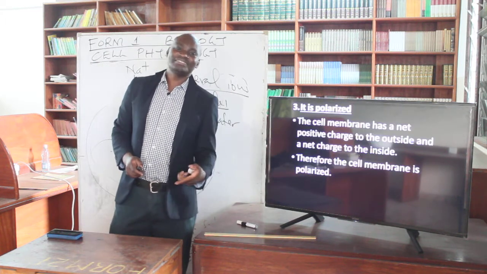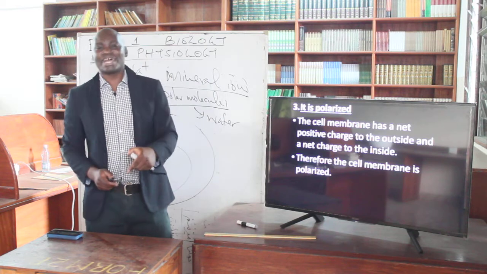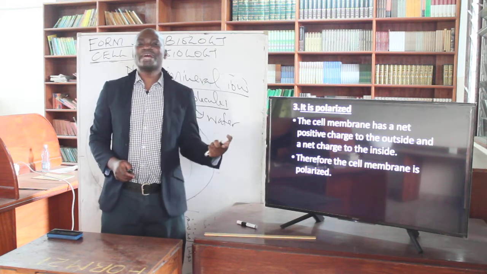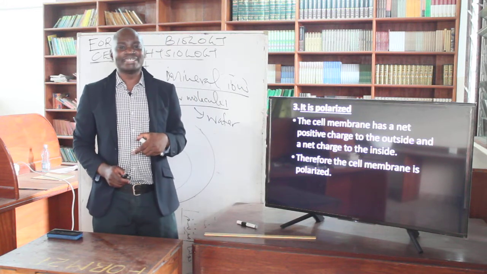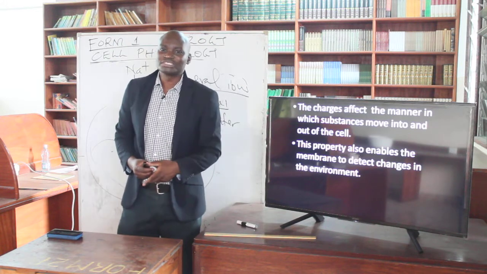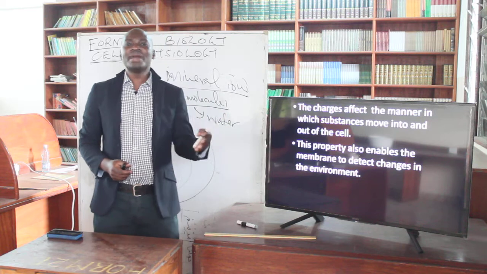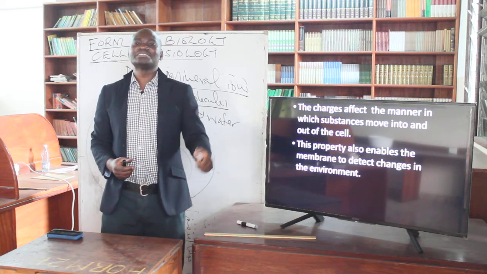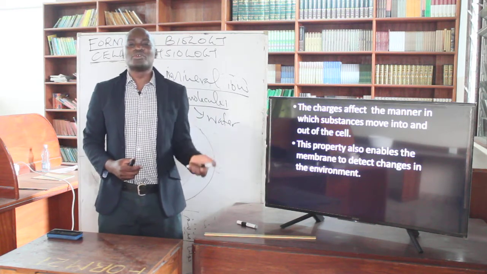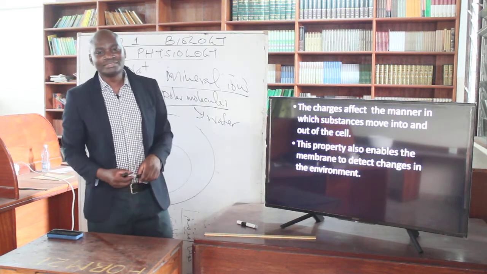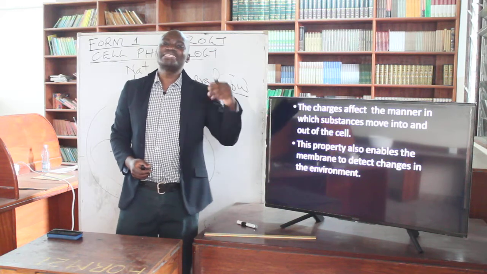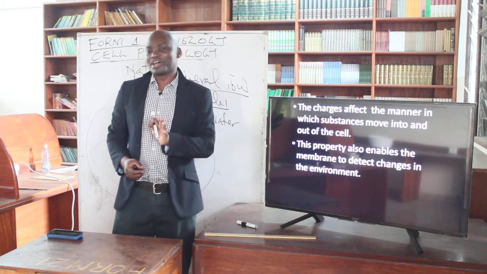And then our last point was polarized in nature, meaning it bears both positive charge to the outside and negative charge to the inside. And this one is important because the charges affect the manner in which substances move into and out of the cell. And this property also enables the membrane to detect the changes in the environment.